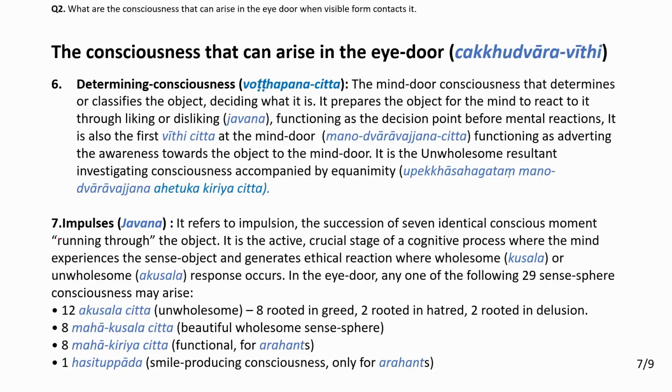Because when you talk about investigating, we are talking about Santirana. You're not talking about the door. You're not talking about Avajjana. Even though your Pali word is correct, it refers to Manodvara. It doesn't refer to Santirana, but your English words are referring to Santirana.